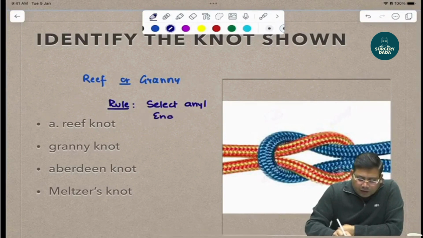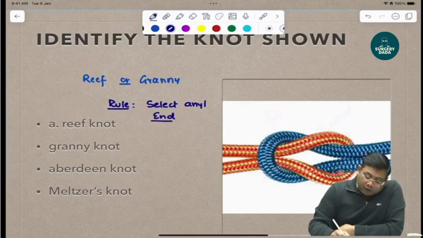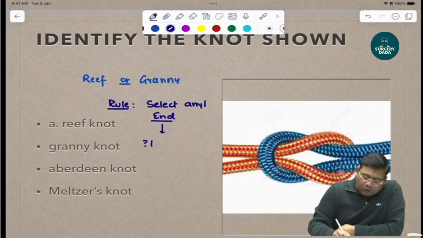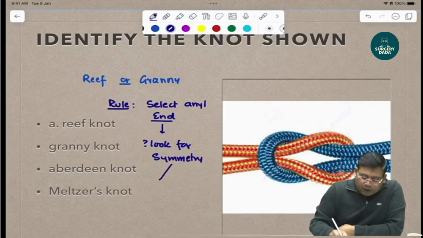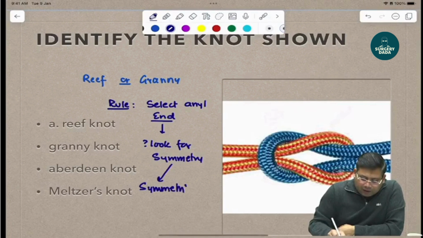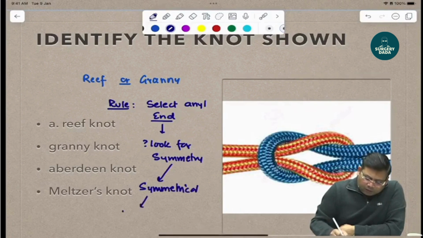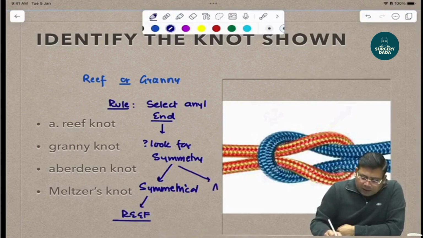This is very important. And once you select that end, then always look for symmetry. This is again very important. So look for the symmetry. If it is symmetrical, understand that you are dealing with a what? A classical reef knot. If this is asymmetrical, you are dealing with what, students? Granny's knot. Now how to see this concept here?